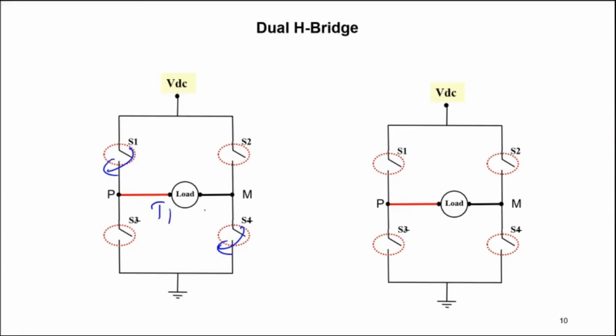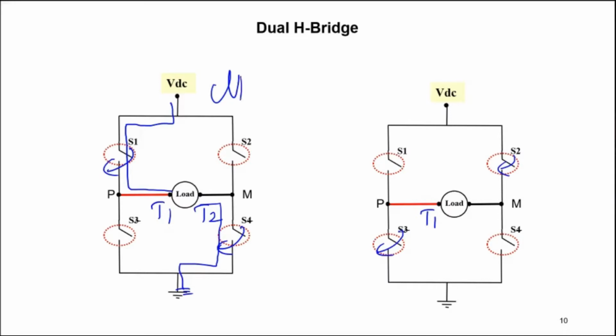This is terminal 1 and terminal 2. Terminal 1 is connected to the power supply and terminal 2 is connected to ground. What will happen if you turn S2 and S3 on? It will move in the anti-clockwise direction.